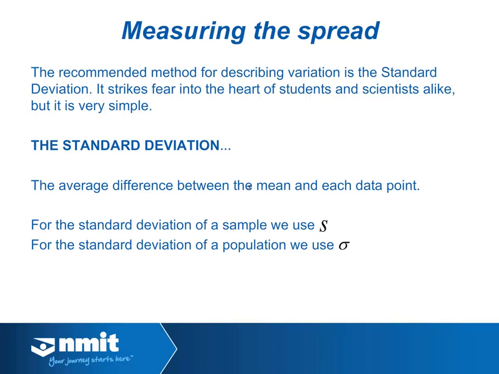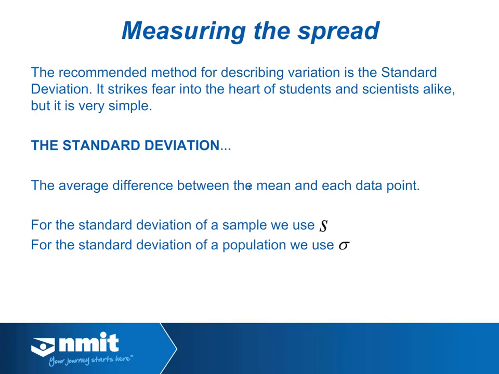Standard deviation is a concept that has struck fear into the heart of students and scientists for a very, very long time. However, it's extremely simple. What the standard deviation gives us is a measure of the variation around the average or the mean. So if we have a mean figure, how representative is that mean of the entire data set?